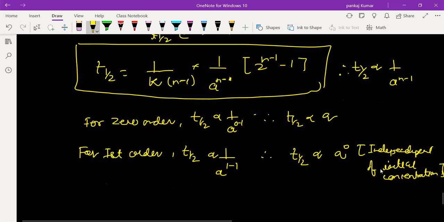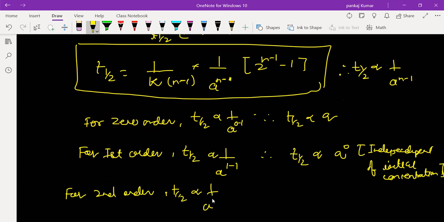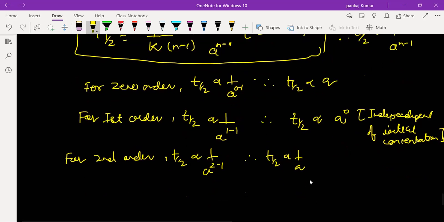Similarly, for the second order, it is matching, isn't it? So t half is proportional to a to the power 2 minus 1. So we can say t half life is proportional to a. Similarly, for the third order, already we have derived all this equation. So we can say it's matching, full matching.